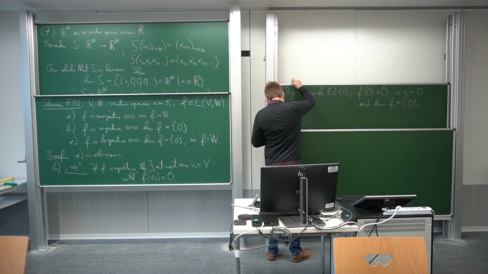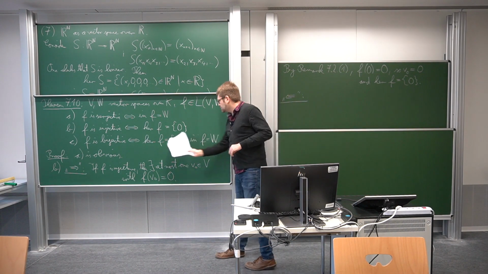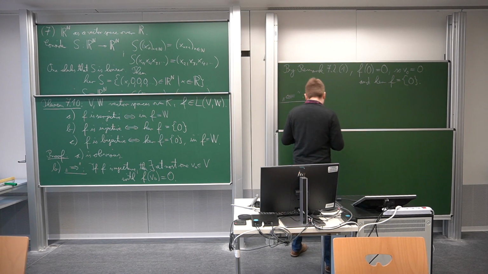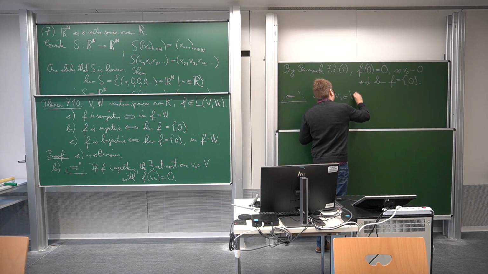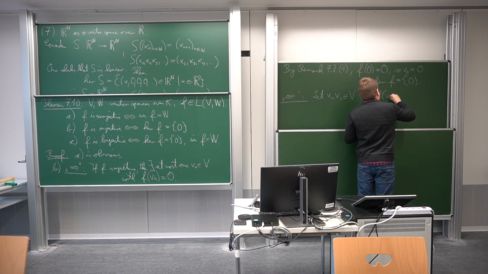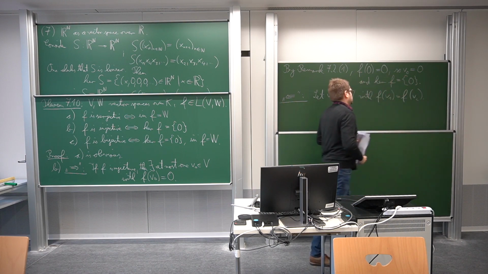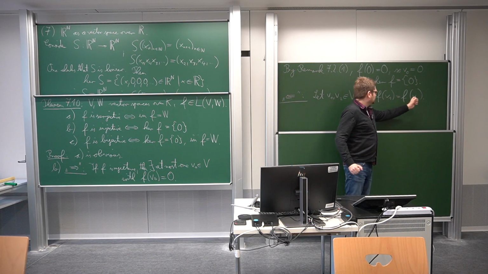Now for the interesting direction. We only know that it's kind of injective at 0, so the kernel is trivial, and we want to derive that it's then injective. So we need to show that any two vectors are mapped to different points. We do this in the following way: let v1 and v2 be two vectors in V and assume they are mapped onto the same point. By injectivity we need to show that v1 must be equal to v2.